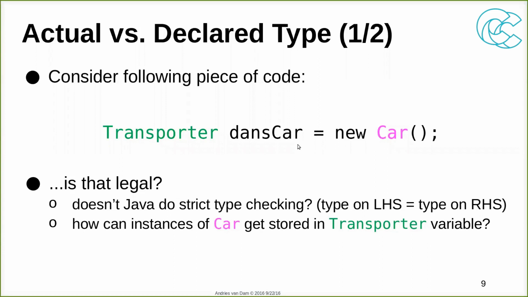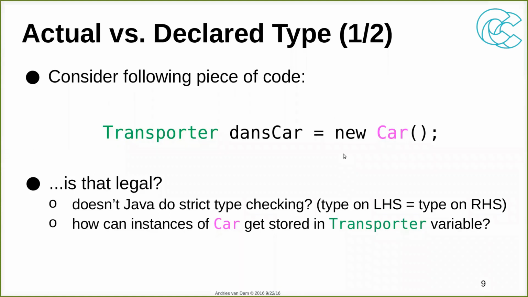Because so far we have seen that, let's say, if there is a string on the left hand side, then you end up creating a string object. So you can only assign a string object to the string type. So both the types on the left hand side and right hand side should be the same. Or if you have, let's say, car on the left hand side, you should have a car object on the right hand side. But here it's slightly different. You have the interface on the left hand side and the instance of car on the right hand side.